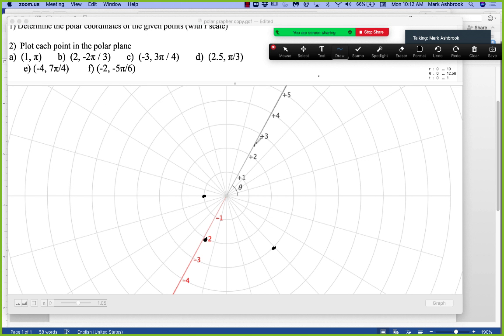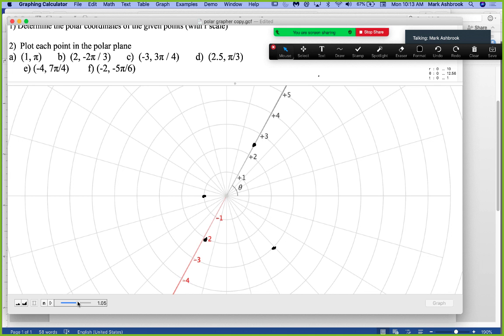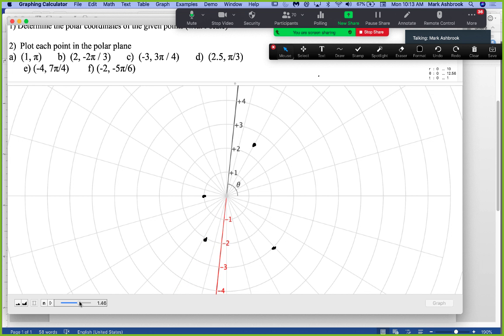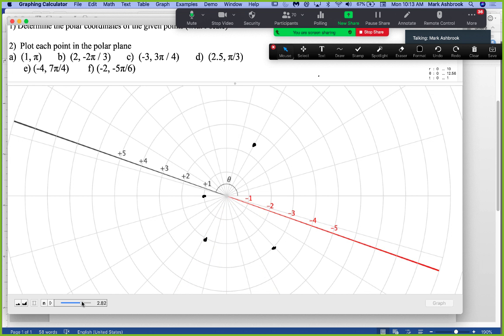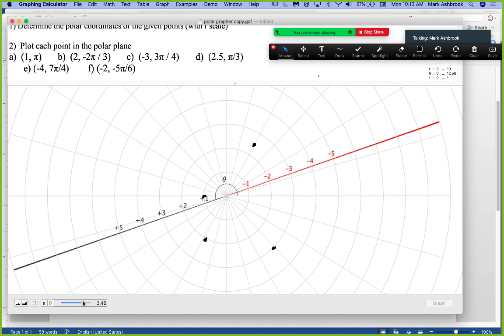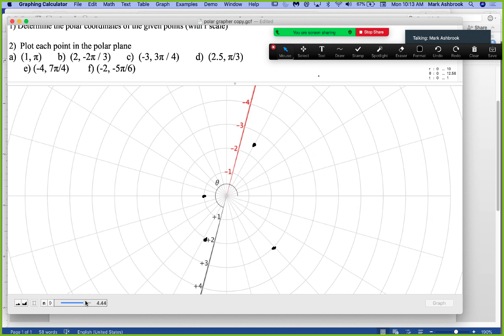This point right here. Are we good? Go ahead and shout out your questions if you want. All right, so now 7 pi over 4, what quadrant is that in? So there's 2 pi over 4, 3 pi over 4, 4 pi over 4, 5 pi over 4 is about there, 6 pi over 4, 7 pi over 4.